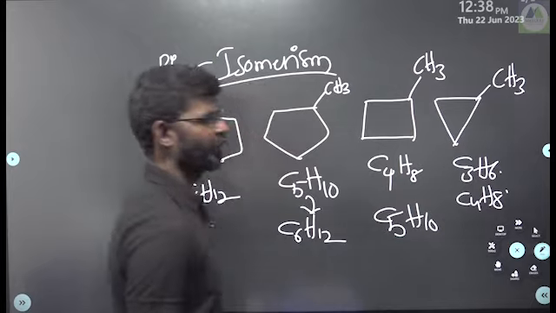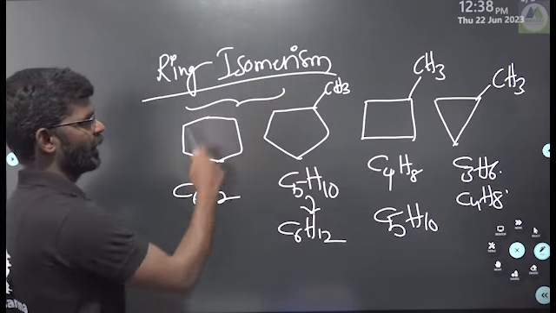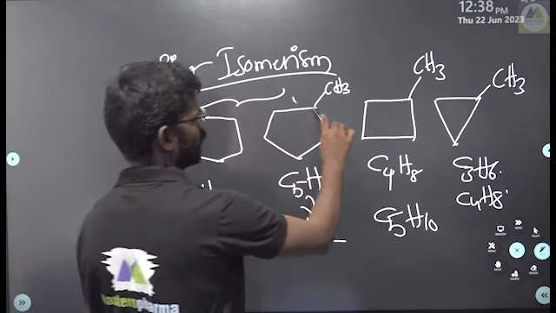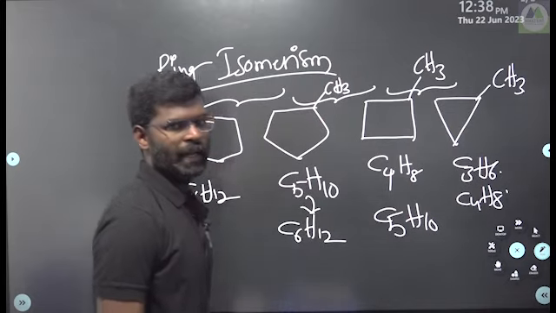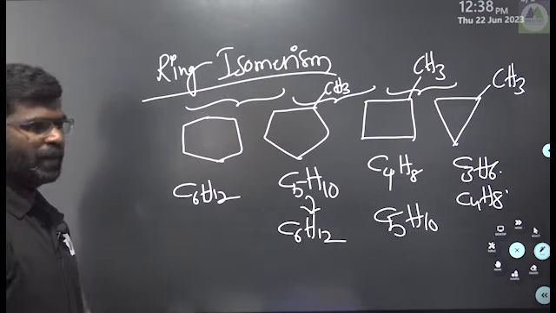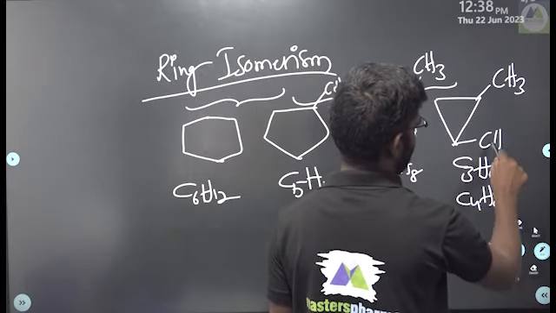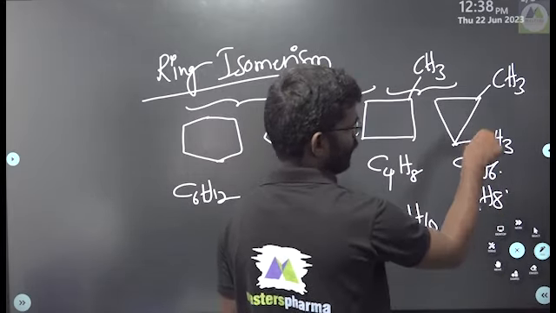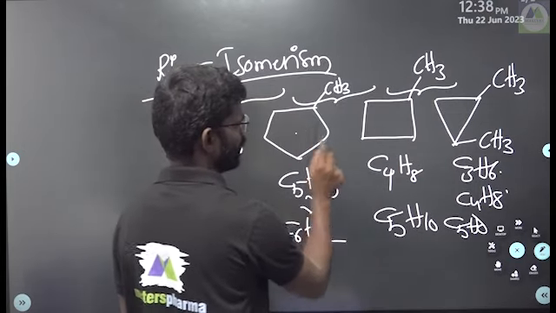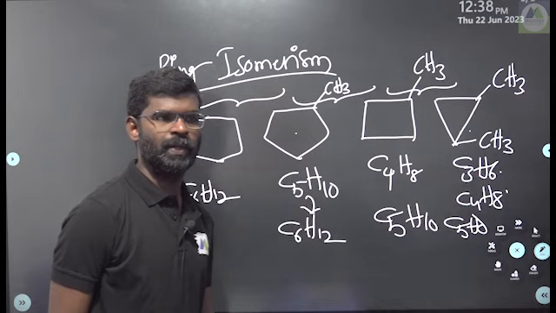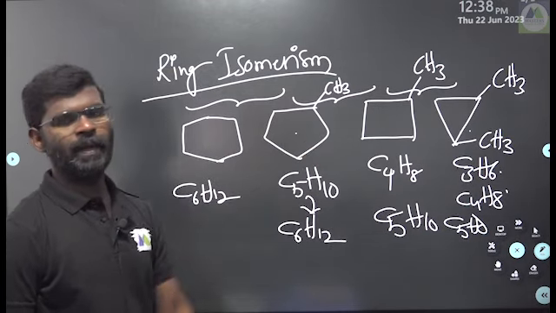Check it once. Okay, right. So the relation between these rings is called ring isomerism. For example, compare these two, with another methyl group: C5H10 and C5H10 belong to the ring isomerism category, but this is very rare. Just remember this.